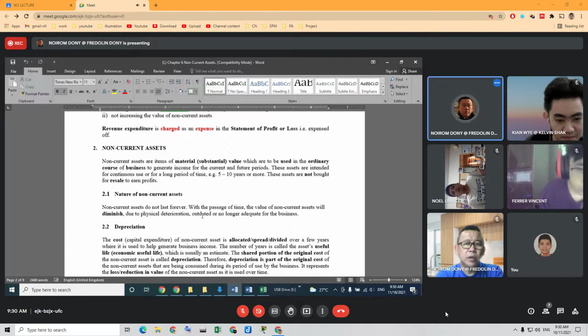And the other one is no longer adequate for the business. So probably the machine can produce 30,000 units per day. But since the demand increases, the business needs to increase the capacity of the machine.